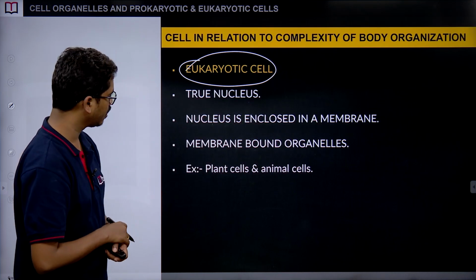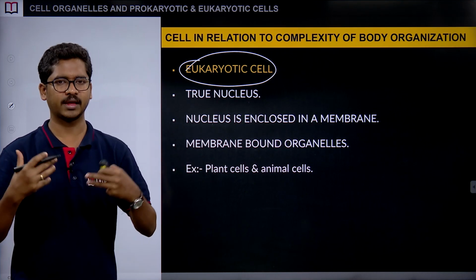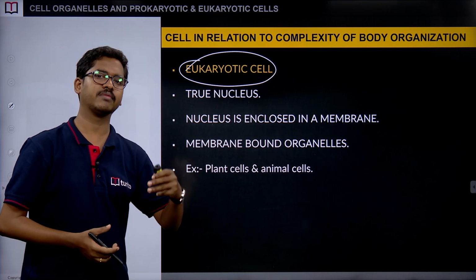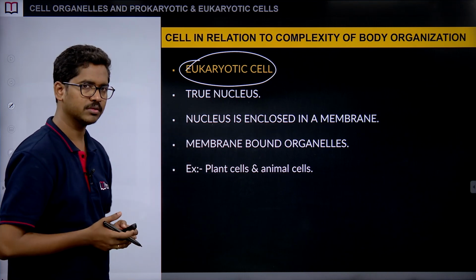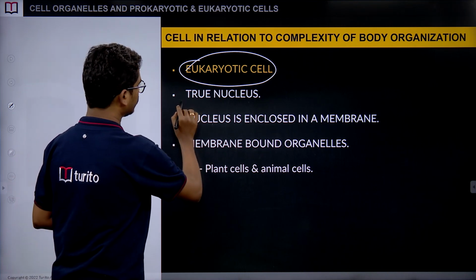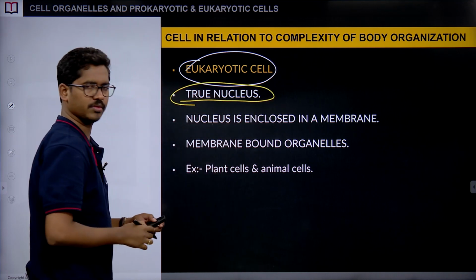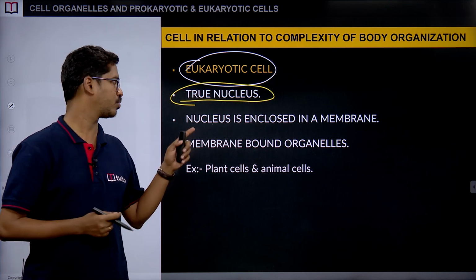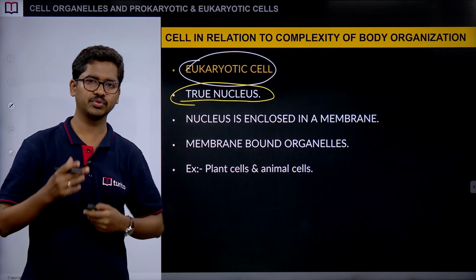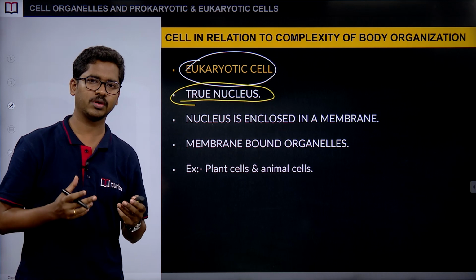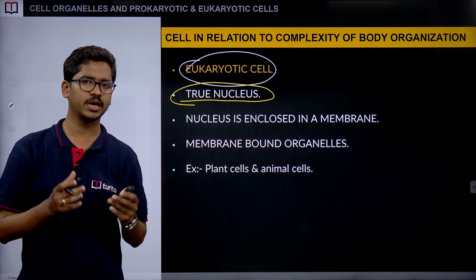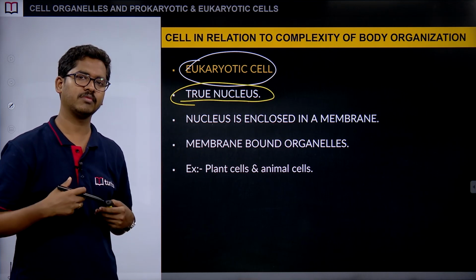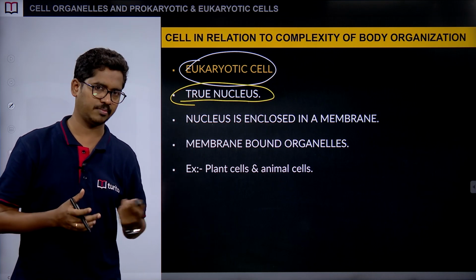Coming to what we have in our body, what plants have, and what kind of cells fungi have, such as the mushroom we consume: we get to see the presence of a true nucleus. It is not a false one, not the pseudonucleus or nucleoid as in bacteria. In our body, we have a true nucleus in each and every cell.